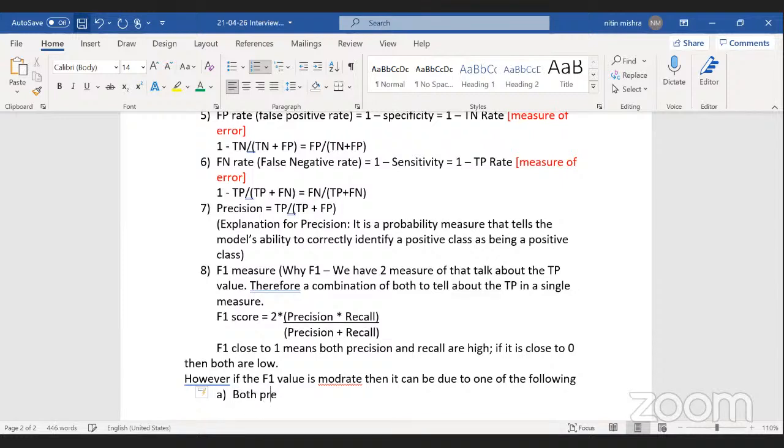A, both precision and recall are moderate measures. B, one of them is low and the other is high. Are you following, friends? Right? Are you following, friends?